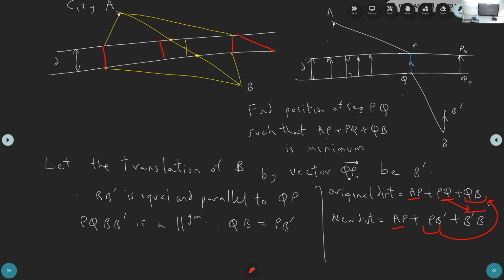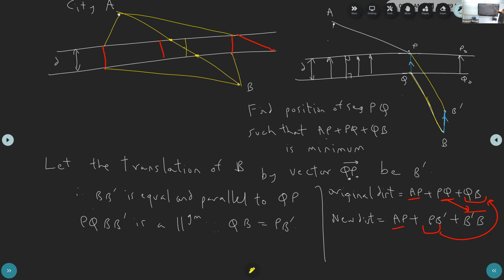So all I've done is rearrange the paths. I mean, just to make it even clearer in my diagram, I can draw this line segment with blue color.